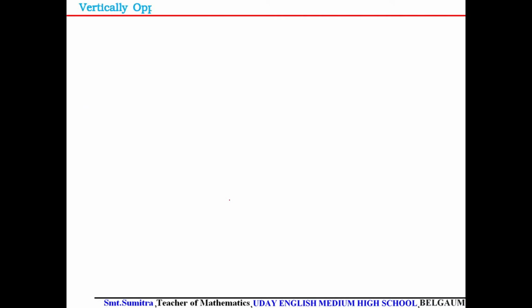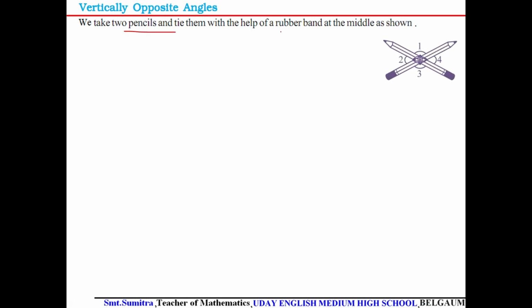Let us study what is vertically opposite angles. We take two pencils and tie them with the help of a rubber band at the middle, as shown here, and angles are formed. Angle 1, angle 2, angle 3, angle 4. Observe that angle 1 is vertically opposite to angle 3.